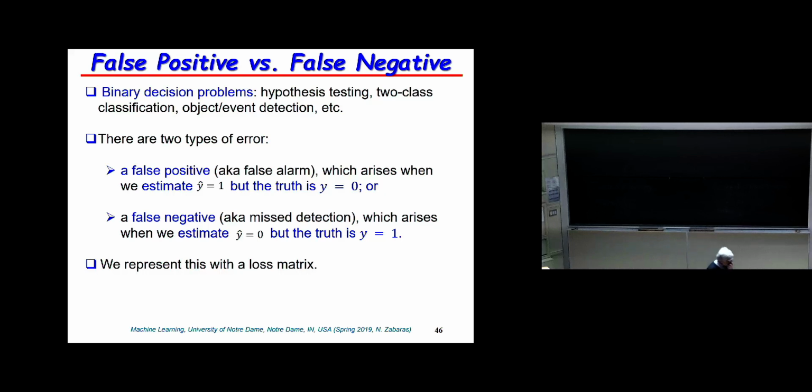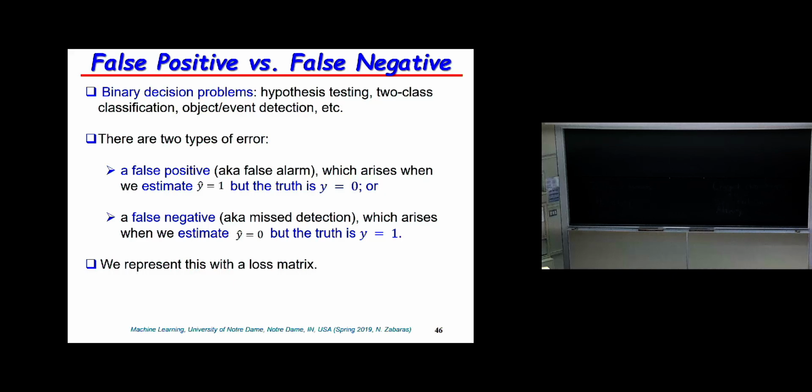So this part is sort of, if you have seen it before, there's nothing difficult, and the concepts are sort of generic. They're applied not only in the context of classification and decision making, but to many different types of scenarios in machine learning. So let me introduce some terminology that may be familiar to you.